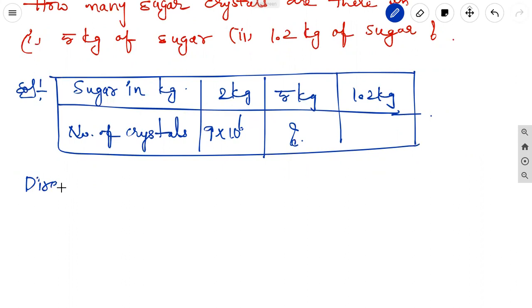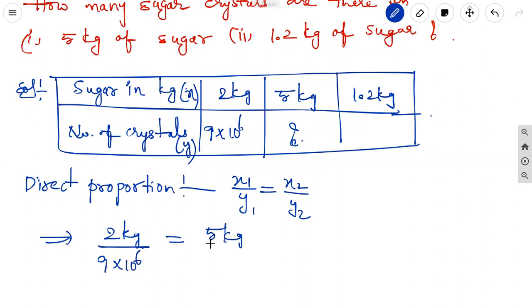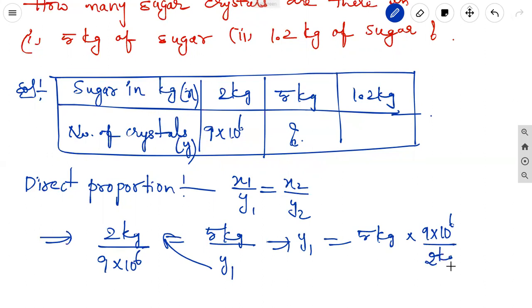Okay. The relation of the direct proportion is x1 by y1 equal to x2 by y2. Here kgs in notation of the x variable, number of crystals in y variable. Okay. From this, 2 kgs of sugar contains 9 into 10 power 6 crystals. So 5 kgs of sugar contains how much? This is y1. From this, cross multiply. y1 equal to 5 kgs into 9 into 10 power 6 by 2 kgs.